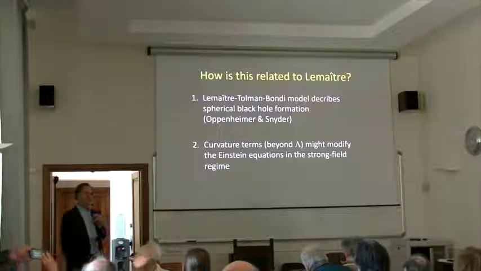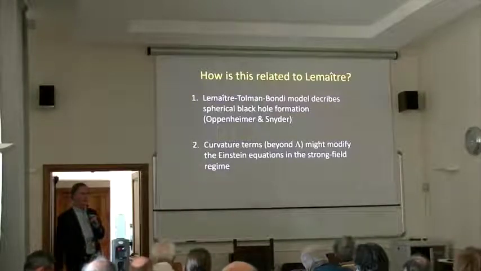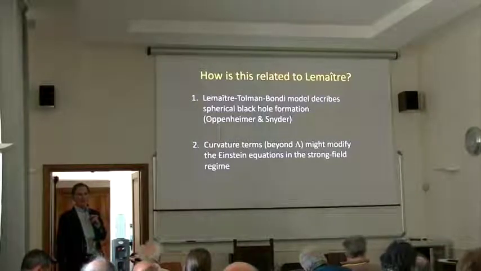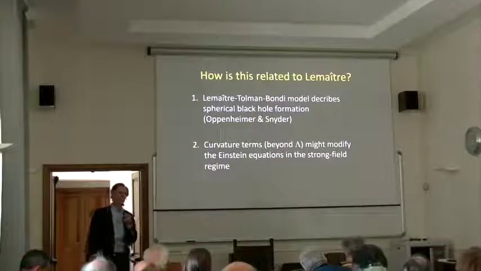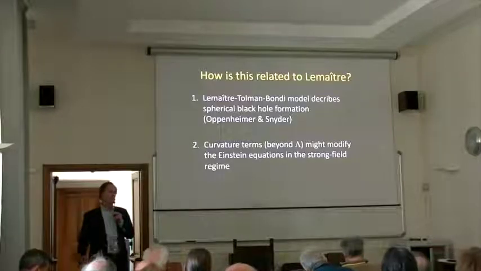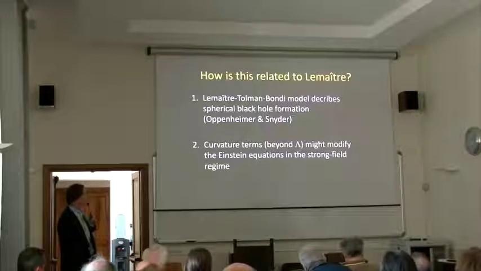And in fact, Lemaitre's model describes not only a cosmological model with cold dark matter, but it also describes the collapse of pressureless matter to form a black hole. And that underlies the solution of Oppenheimer and Snyder for the first realistic gravitational solution of Einstein's equations showing black hole formation back in 1939 for a spherical black hole.